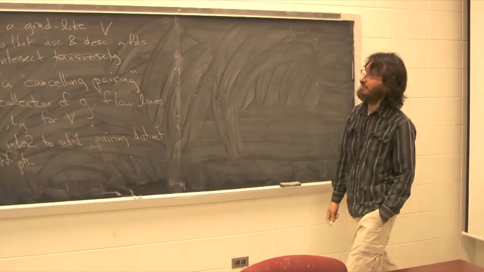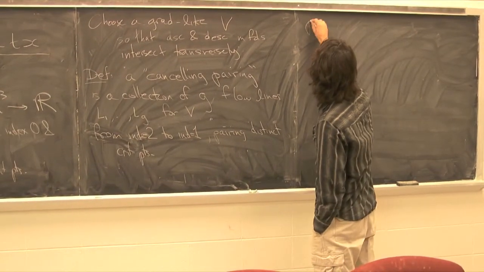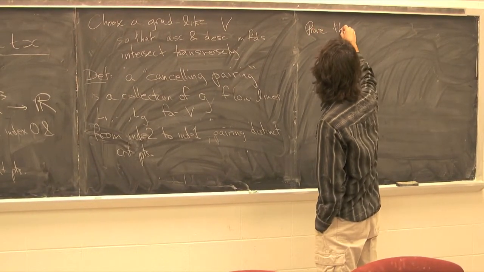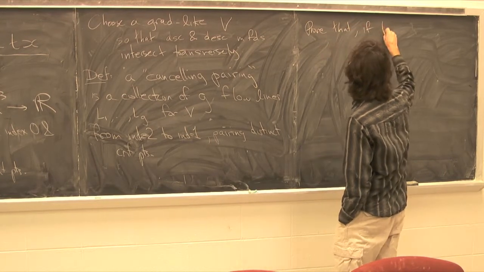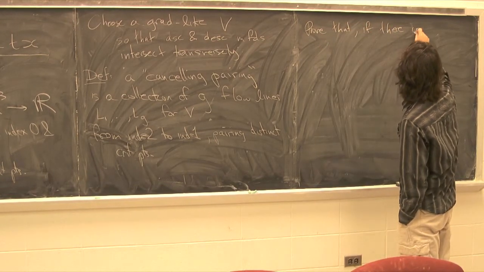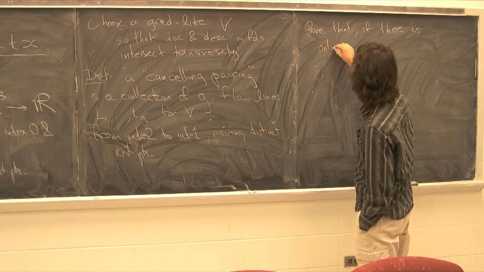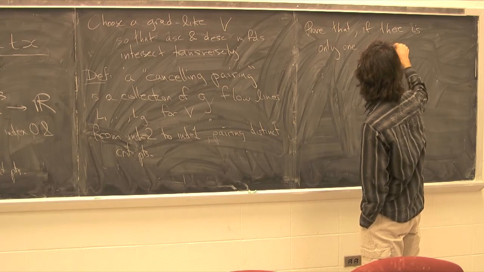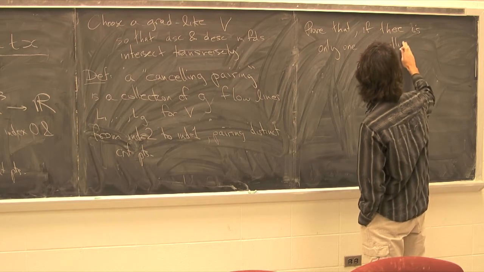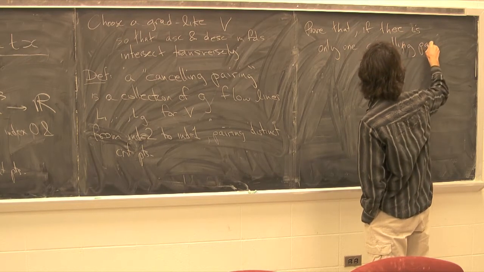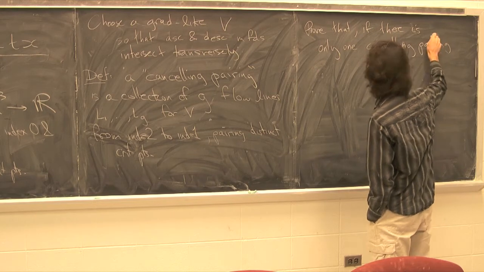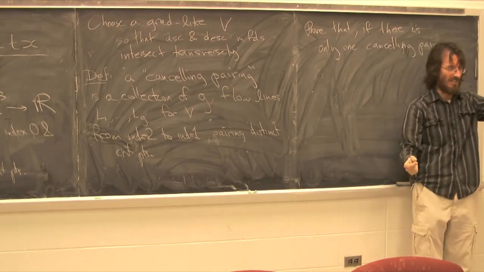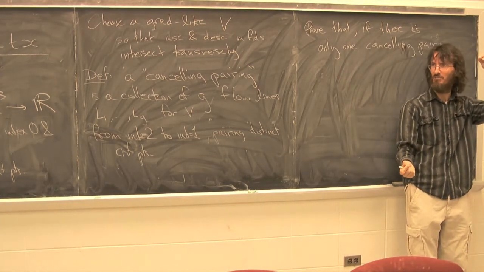Okay, but the thing to prove is that if there is only one canceling pairing. The reason I call it canceling, I think of each flow line from index 2 to index 1 as a potential cancellation of those two critical points.